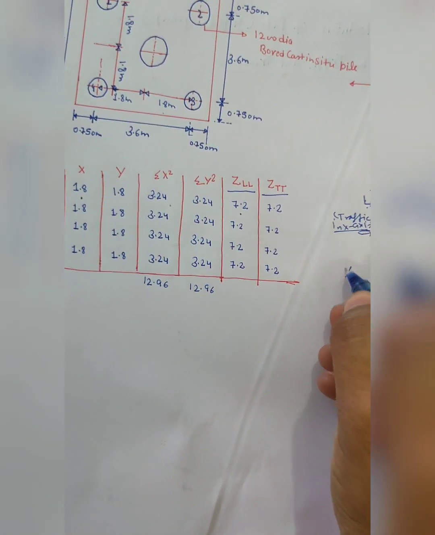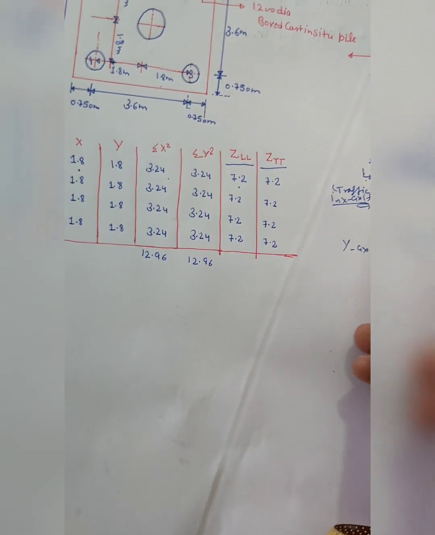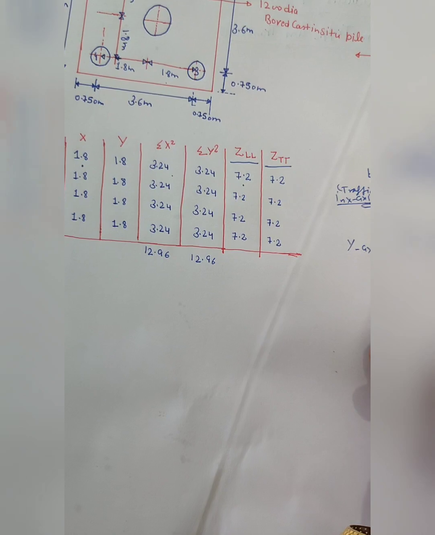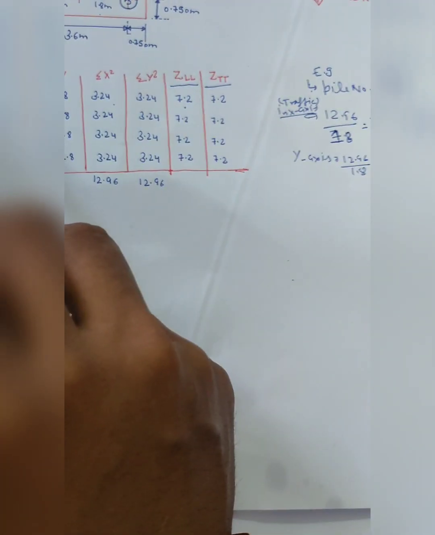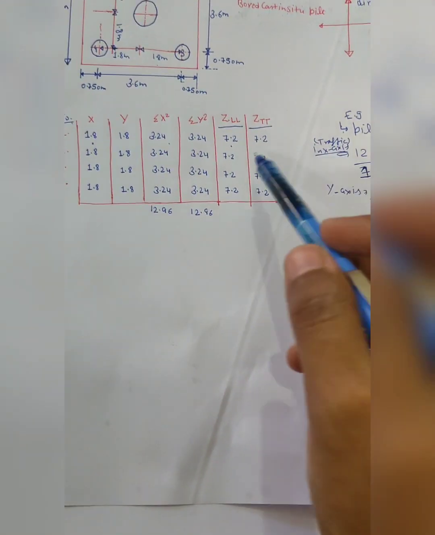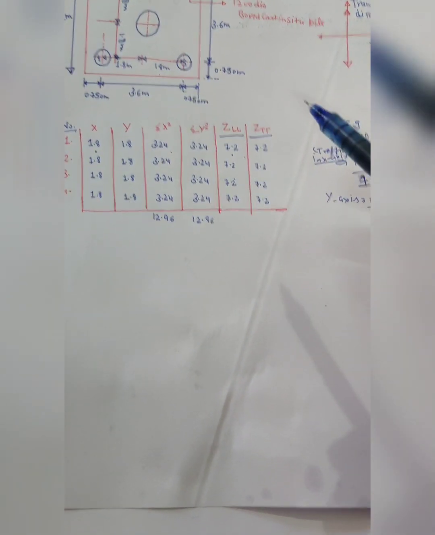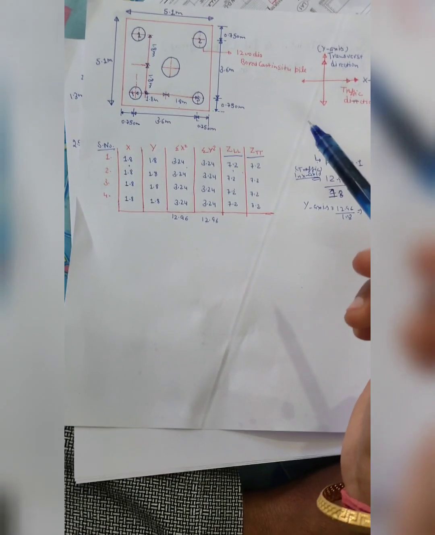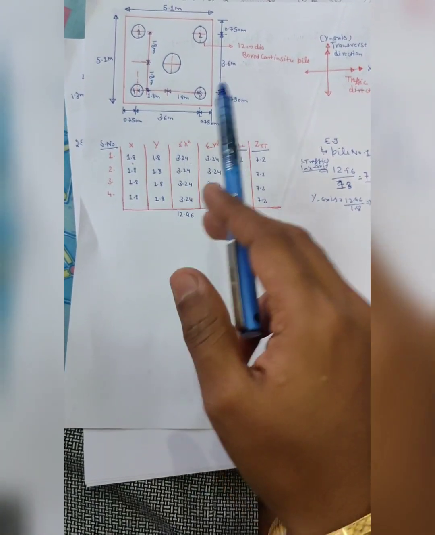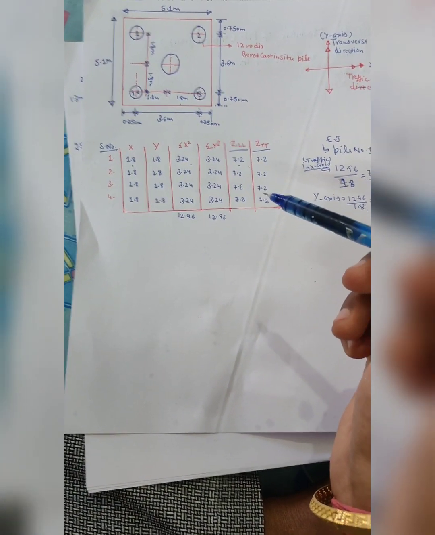Similarly for the y-axis for pile number 1, 12.96 divided by 1.8 is 7.2 in the y-axis or transverse direction. In this way we can find it for pile number 2, 3 and 4. Here we get 7.2 in both longitudinal and transverse directions, because we have equal dimensions in both directions.